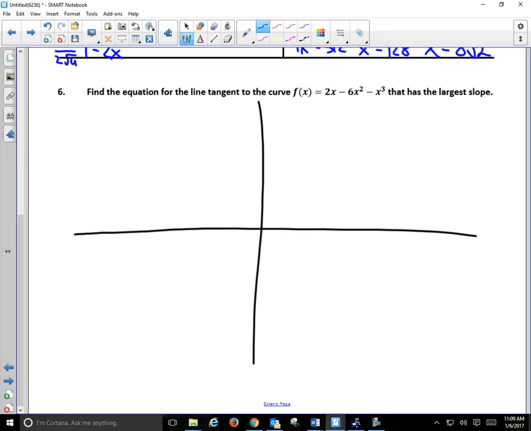So, Jonah, what did you draw in the very first box? Yeah, show everybody else. Why did he draw that? That's the curve. So let's start just wrapping our brain around this problem. We want the largest slope.